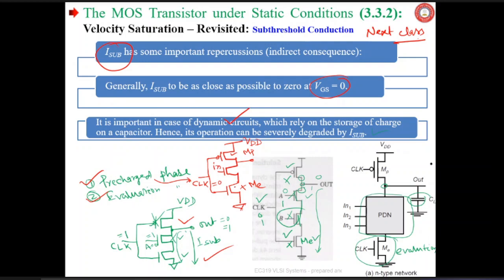ME means evaluation transistor. So this evaluation transistor is off when clock is 0, and MP, the pre-charge transistor, is on. Hence the output node is charged during the pre-charge phase.